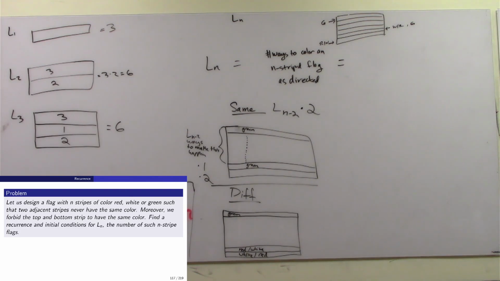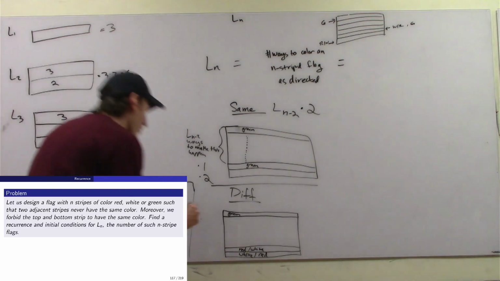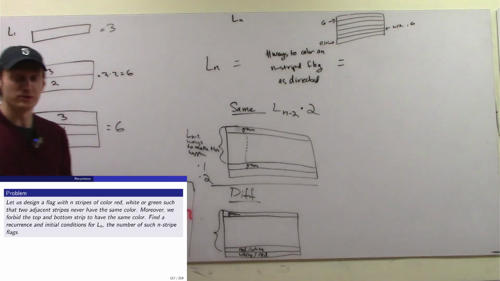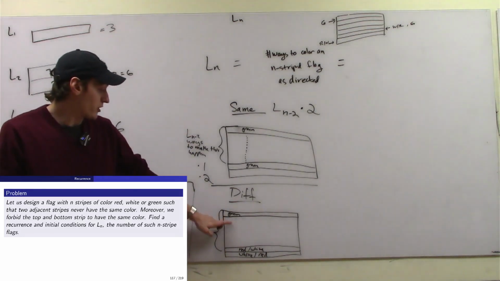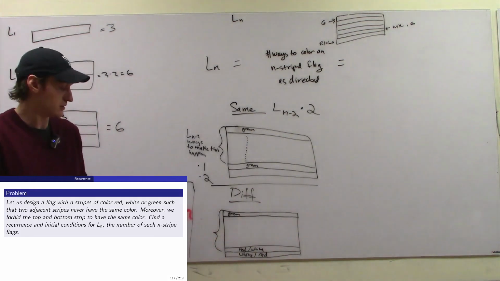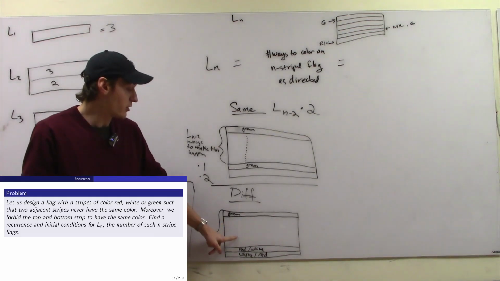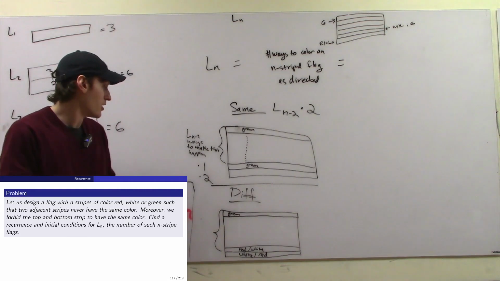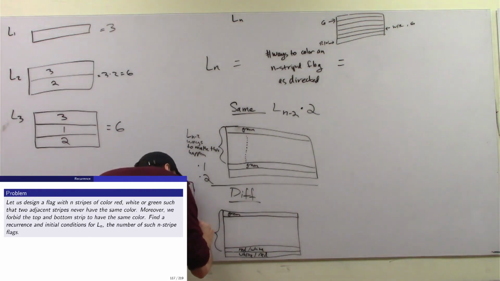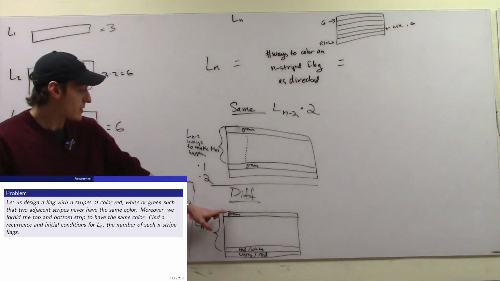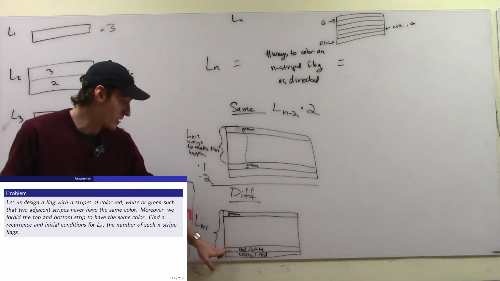So my observation here is that now I'm going to look at the first n minus 1 rows. We start with one color, we end with a different color, ignoring the bottom row. And in the middle, we have no two adjacent rows of the same color, right? Because it has to be a valid flag. So there's L sub n minus 1 ways to make this happen, go from green to red or green to white.